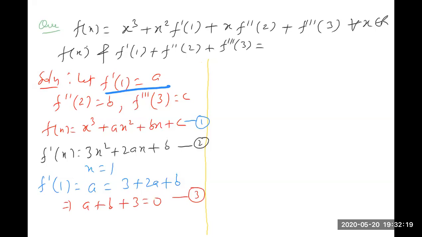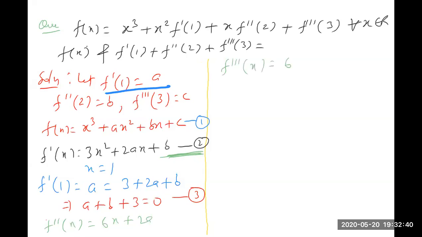Now differentiate 2 again. So you will get f double dash x is equal to 6x plus 2a. And again differentiate, you will get f triple dash x is equal to 6.